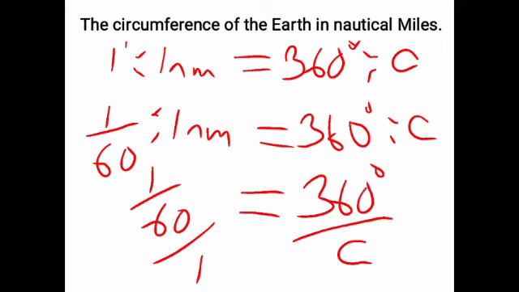What we have on the left side shouldn't really be confusing. This simply means 1 over 60 divided by 1. So let's rewrite that. It simply means 1 over 60 divided by 1.